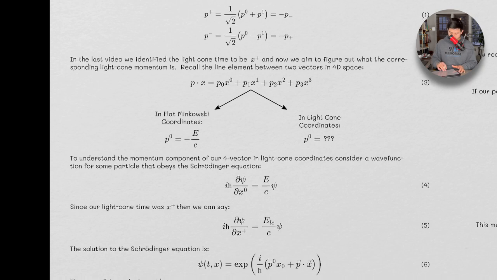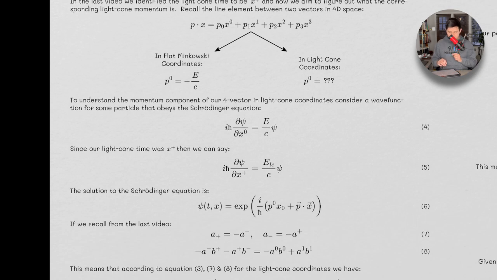To understand the momentum component of our 4-vector in light cone coordinates, consider a wave function for some particle that obeys the Schrödinger equation. Here's our Schrödinger equation, and this is going to be our temporal component, E over C. The time derivative of our probability distribution, which is the solution to our Schrödinger equation, has an eigenvalue.